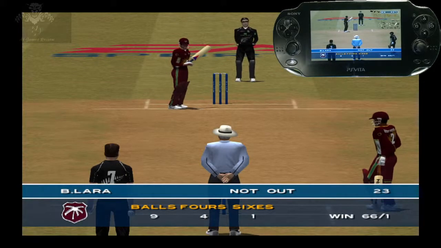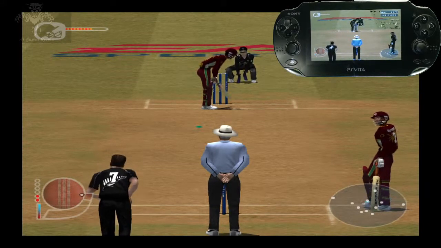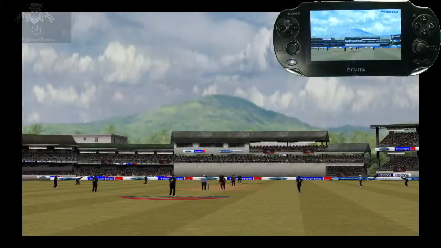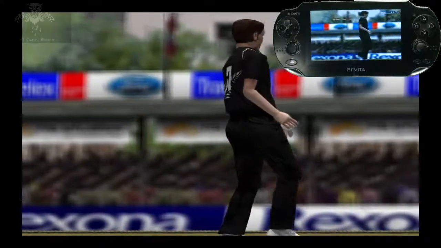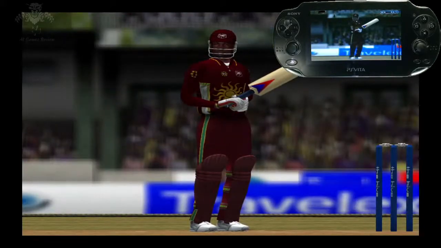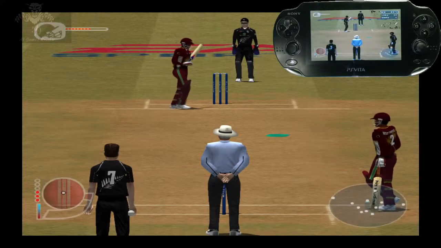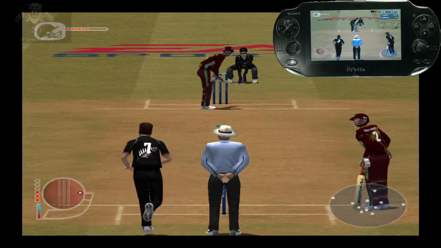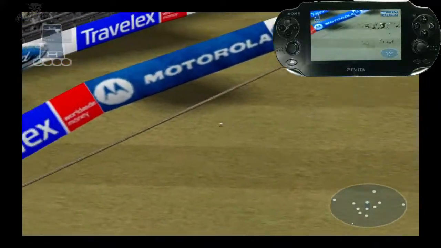Oram to Lara. Simon, the ball to Lara. Lara, very quickly onto that one.